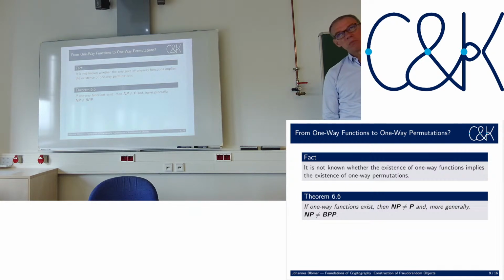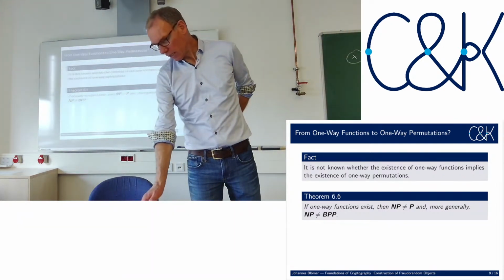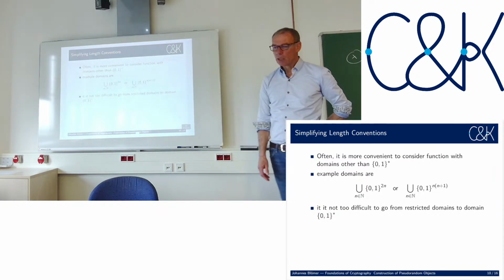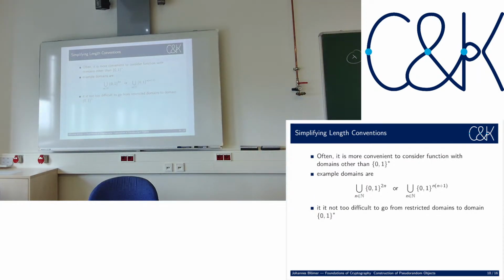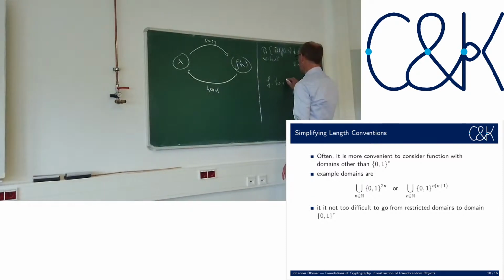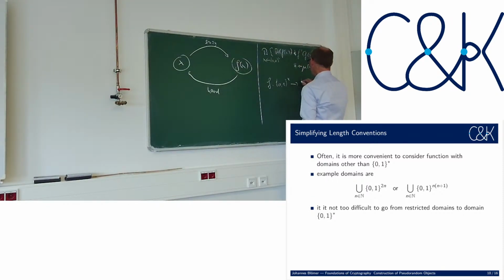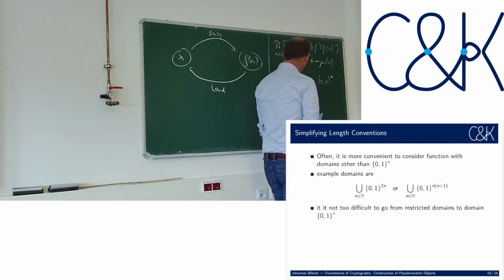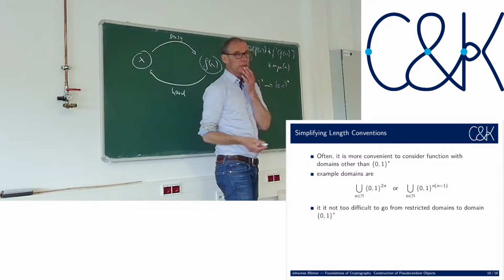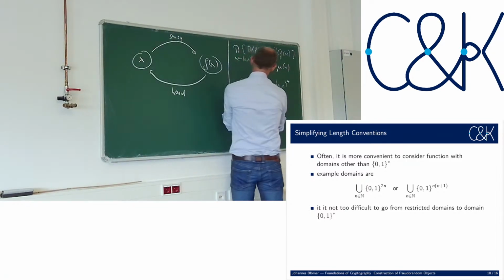and currently think that they might be one-way functions. But to do that, we need a simplifying convention. So far, I always talked about functions f going from {0,1}* to {0,1}*. Often our functions that are candidates are not defined on the complete domain.